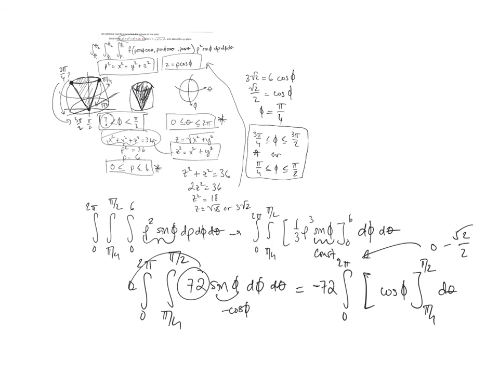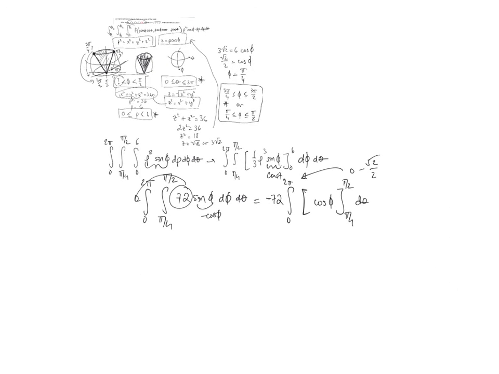So now you would get negative 72 multiplied by negative root 2 over 2. The negative and the negative cancel out, and you get positive. So the integral from 0 to 2 pi of d theta. The integral of d theta is theta.